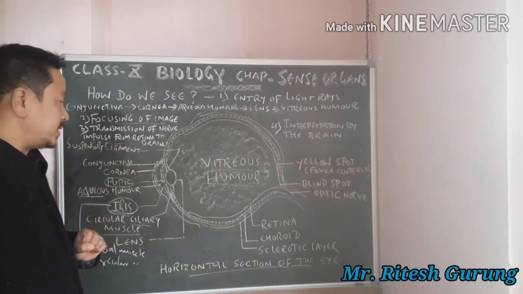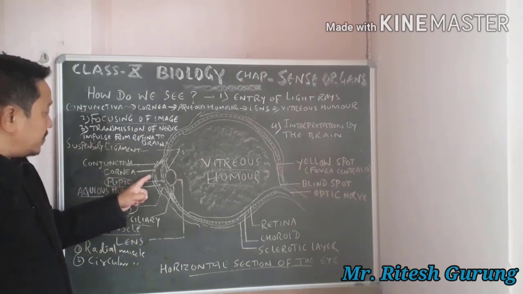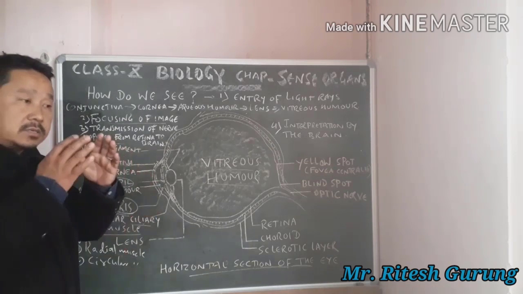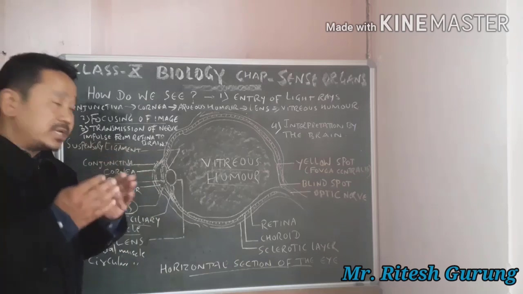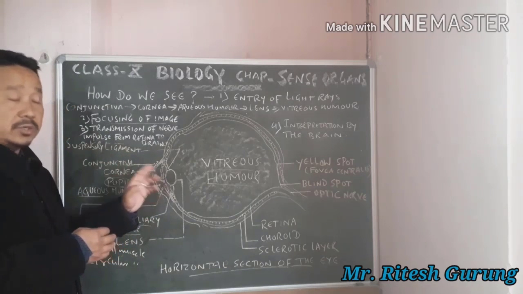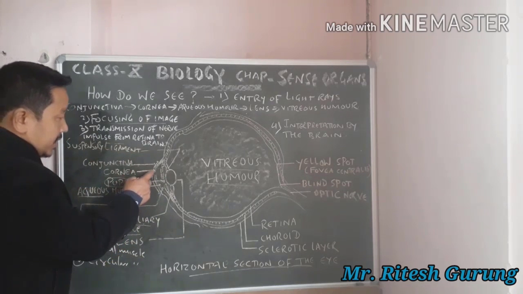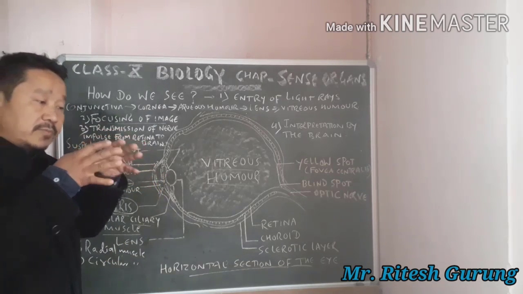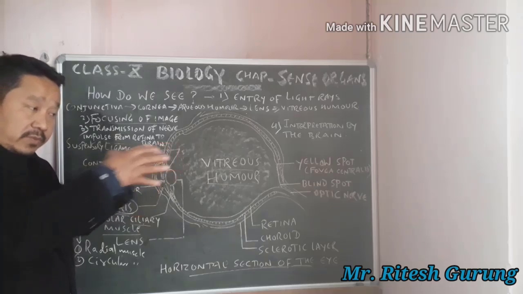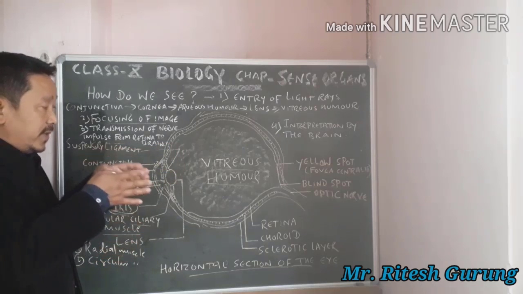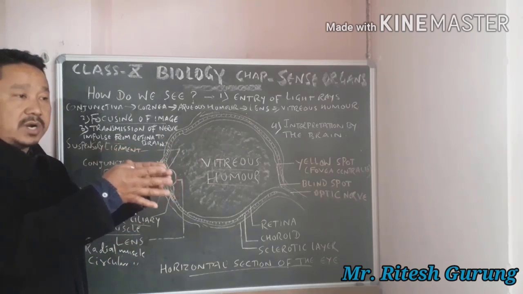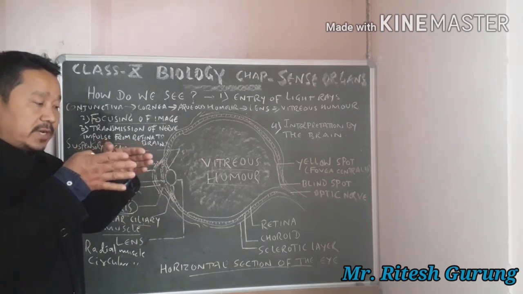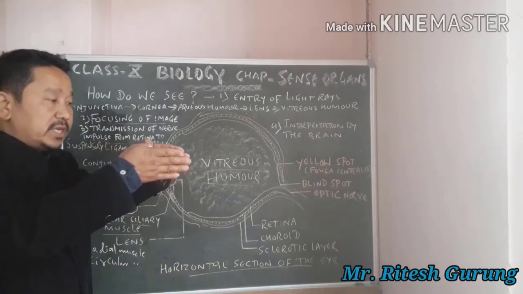Then point number 2 is focusing of image. Look at the curvature of the cornea. The curvature of the cornea converges the light rays to some extent, up to the lens. That means the rays of light coming from the object are converged, which means the rays move to meet at one point.